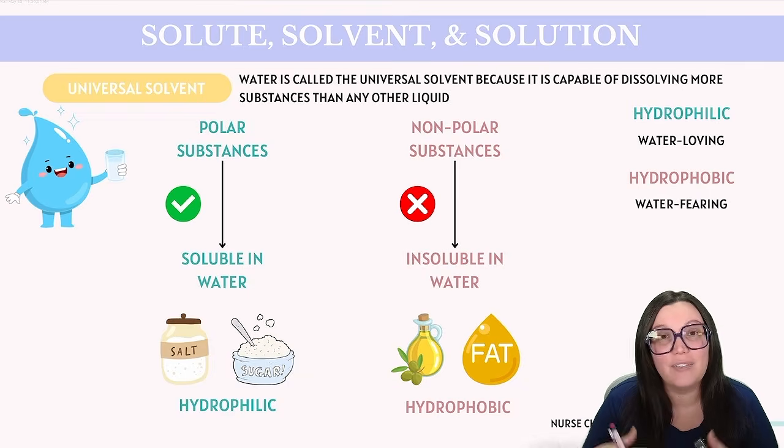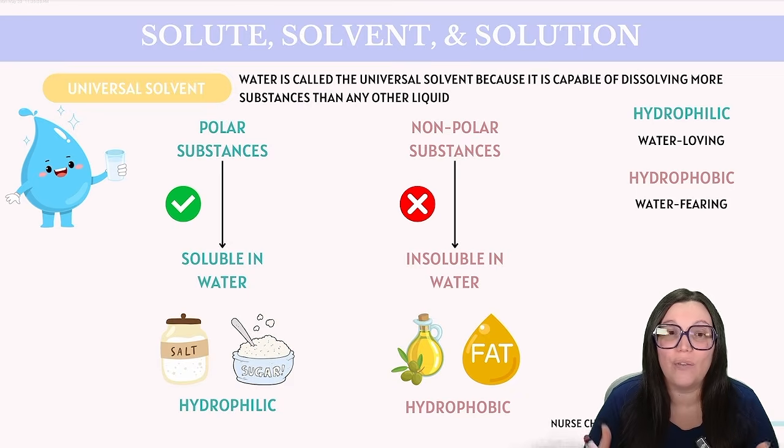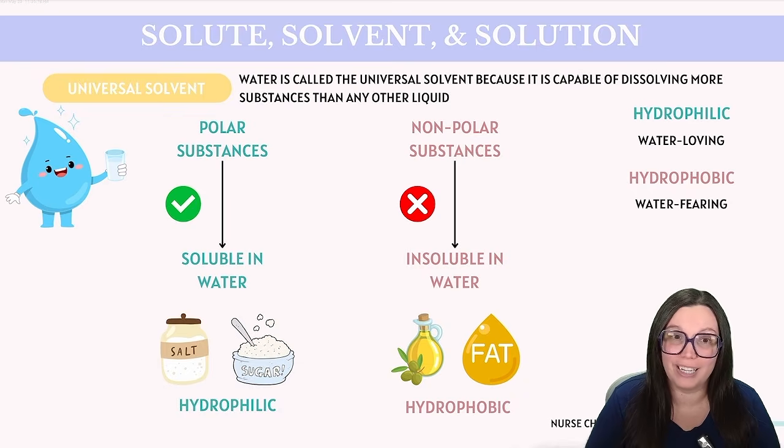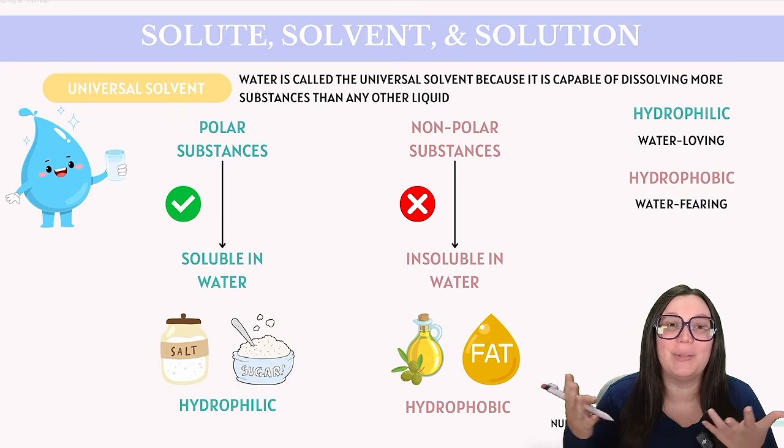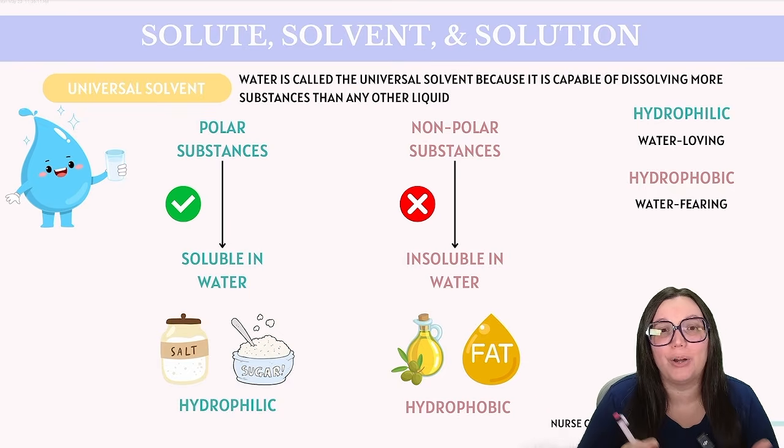If you haven't been able to pick up on it yet, water is often hailed as the universal solvent because of its exceptional ability to dissolve a wide variety of substances, particularly polar substances. Polar substances such as salt, which is sodium chloride, and sugar, which is sucrose, dissolve well in water. This is due to the partial charges on their molecules, which attract the partial charges on water molecules, thus facilitating dissolution.